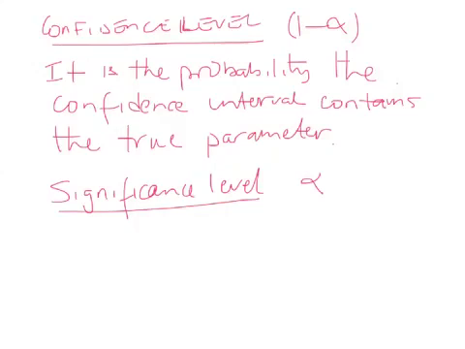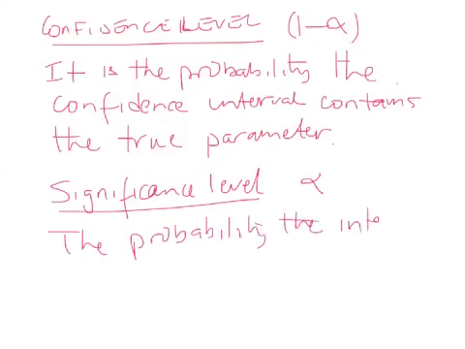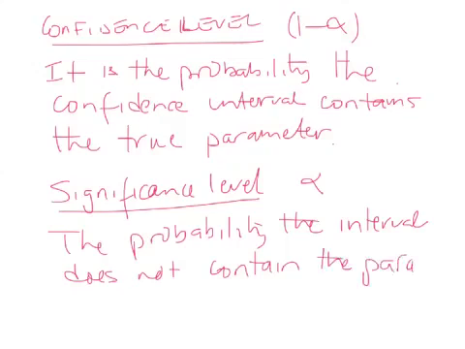And so the significance level is the probability the interval does not contain the parameter. Okay? We call it the significance level, alpha. So to draw this for you, it would look something like this.